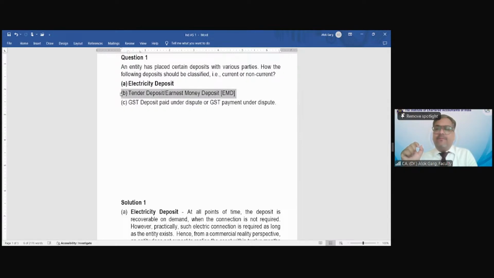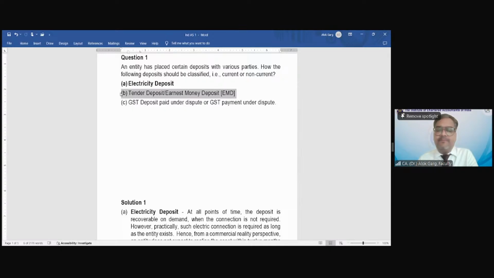Many companies who manufacture this equipment participated in that tender. The pre-requirement is that every entity has to deposit 20 lakh rupees as a security deposit, which is the tender deposit.